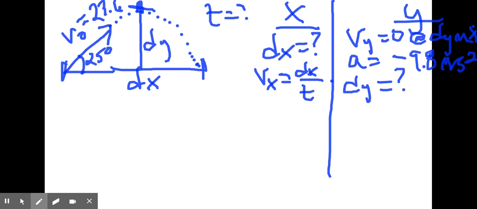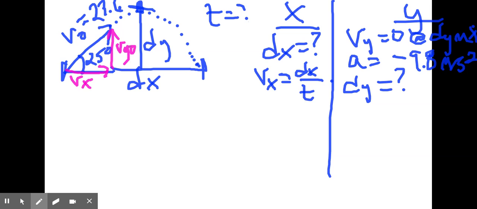So another thing that you should do initially with these problems is split your initial velocity, v naught, into its x and y components. So we have a vx here, and we have a vy naught here. Again, we're going to have to look at SOHCAHTOA for this.